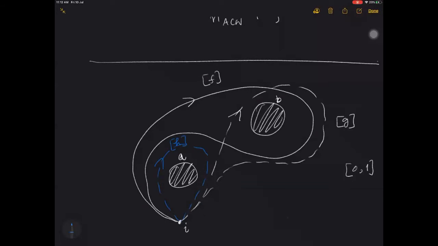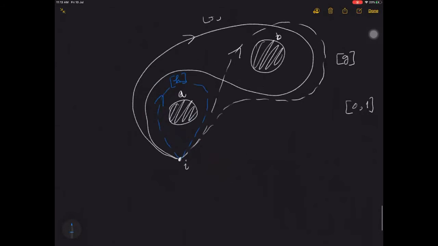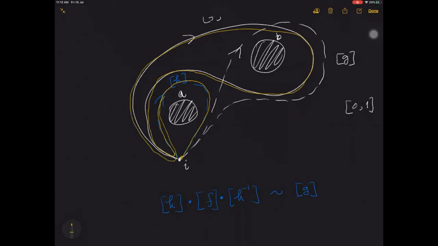So you would find that H inverse, composed with F, composed with H. By H inverse I would mean that I'll start here, I'll go like this, I'll perform a surgery here, I'll go like this, and then I go back in this direction.